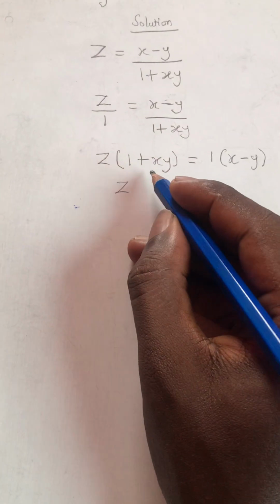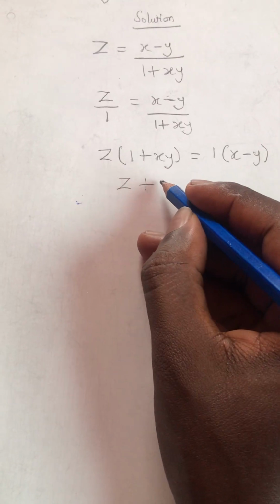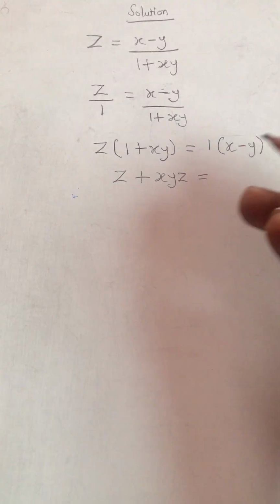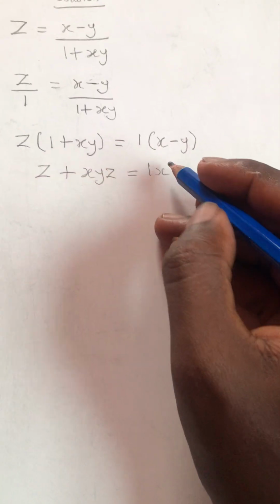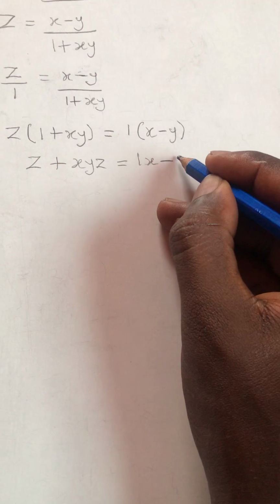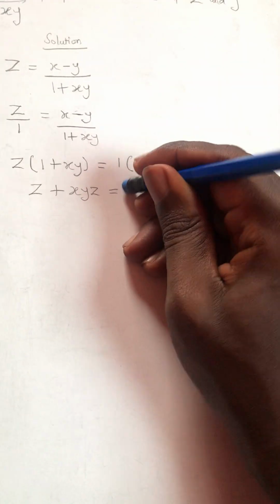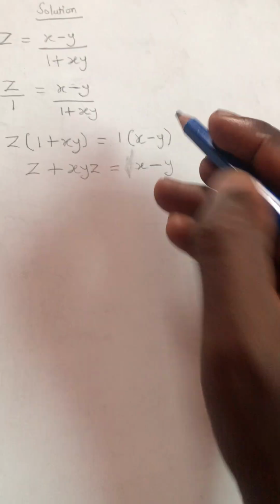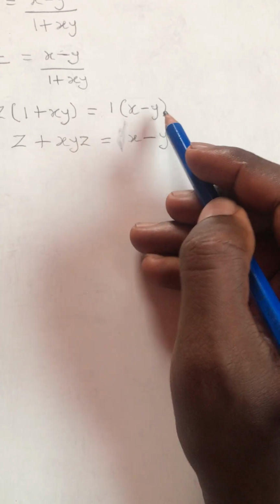And z multiplying positive xy will give us positive xyz, equals 1 multiplying x will give us 1x, and positive 1 multiplying negative y will give us negative y.